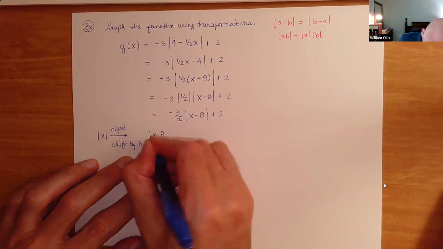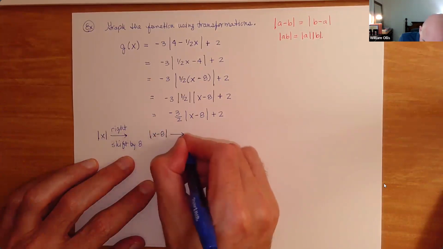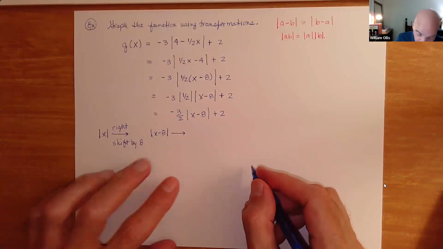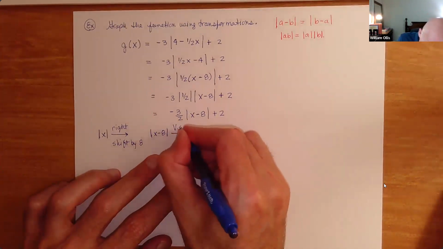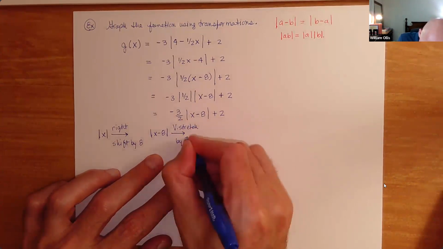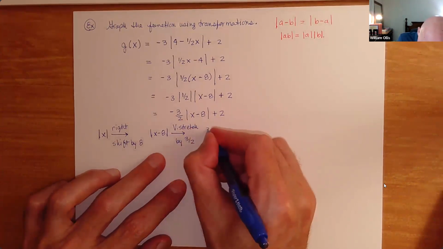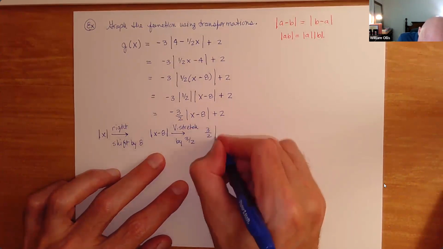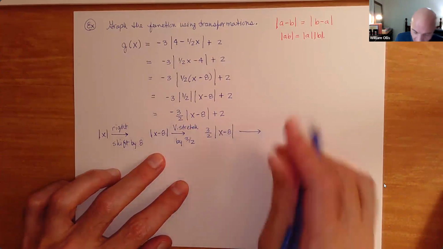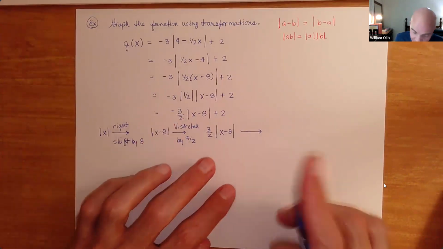Replace x with x minus 8 to shift the graph to the right by 8 units. And now if you like, let's do a vertical stretch by 3/2. So this gives us 3/2 times the absolute value of x minus 8. And now for the negative, let's do an x-axis reflection.